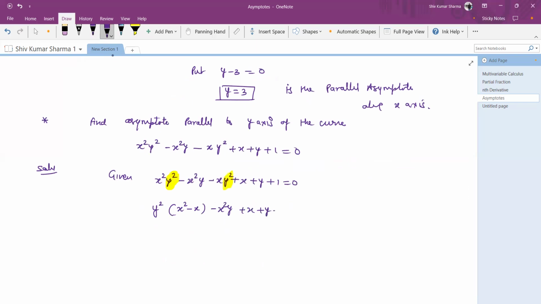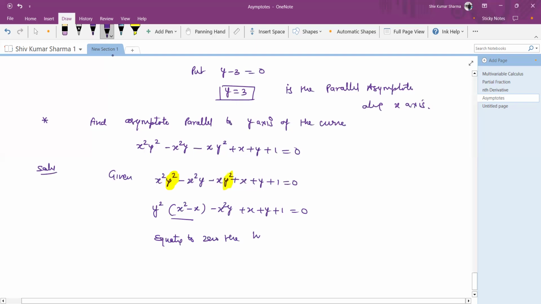Equating the coefficient of the highest degree term of y to 0, we get x square minus x is equal to 0.